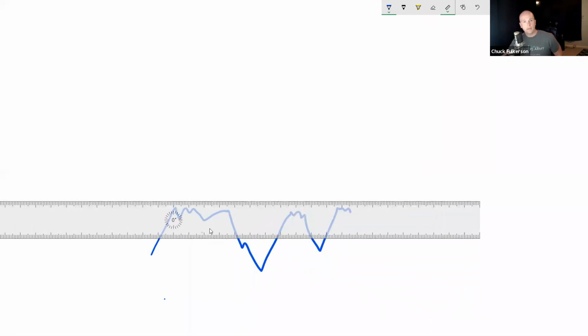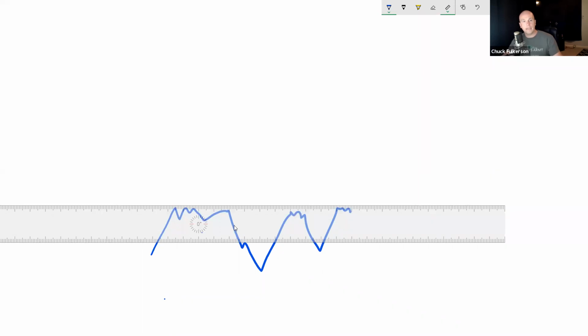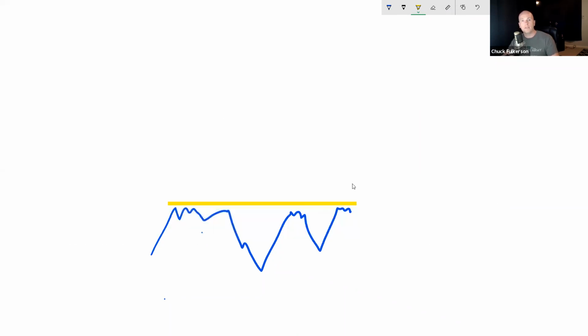Here we go. And I see that I have a really nice area that we've bounced our head off of a couple of times, and I'm going to use this as an opportunity to get long when we break out above there, right? So that is one style, is to say, okay, I'm going to get long when we break out above here.